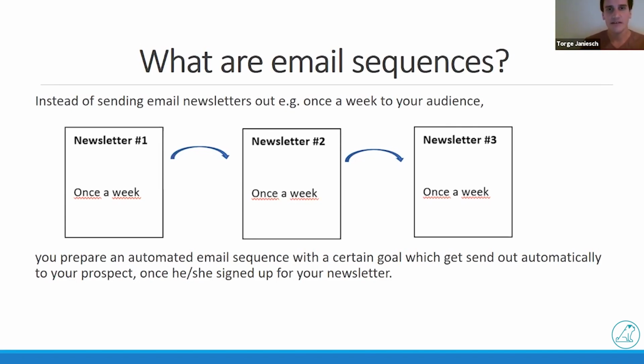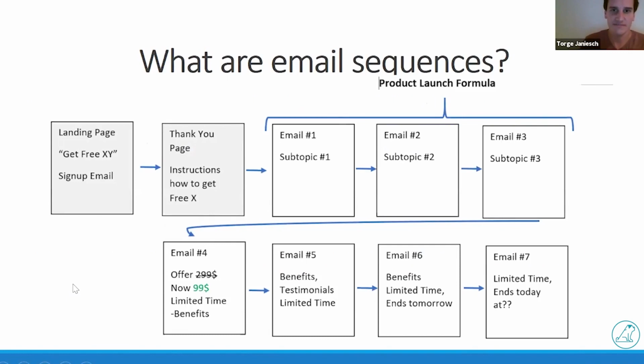The difference between a normal email newsletter and an email sequence is that you prepare an automated email sequence with a certain goal to send out to your prospect when they sign up for your email newsletter. So instead of every week, let's say, here I made a very small but super cool sequence.